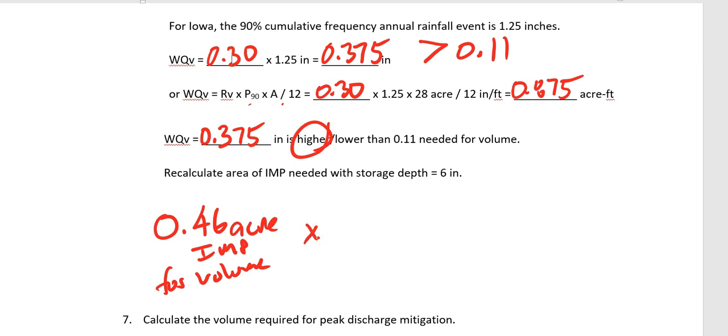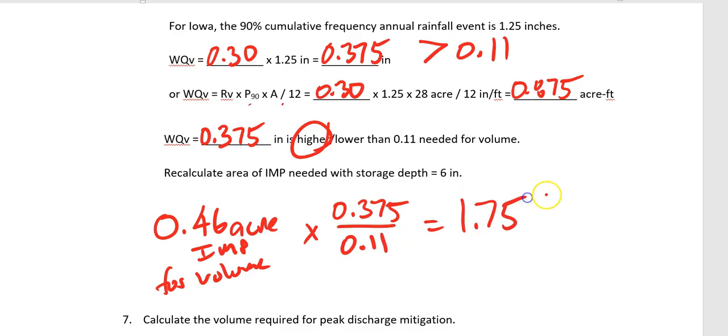So I'll just quickly go 0.375 over 0.11, times 0.46, which gives 1.75 acres of the IMP. And then I can go back and calculate again how much of my area I need to run onto that IMP in order to capture that.